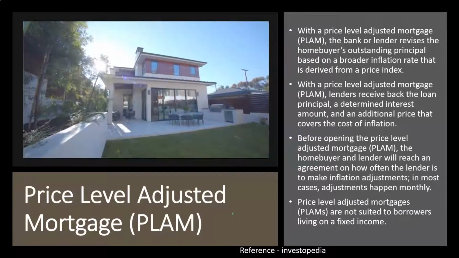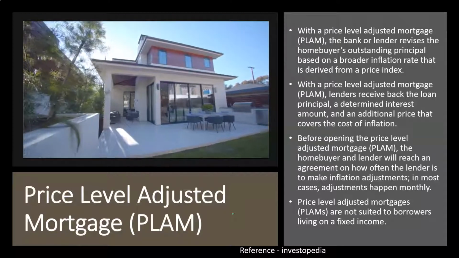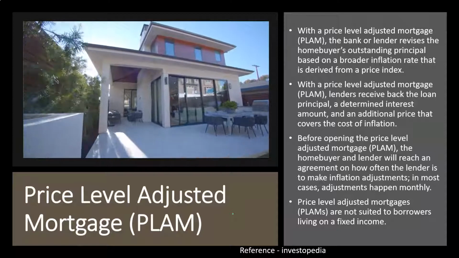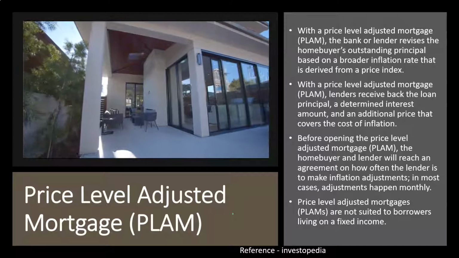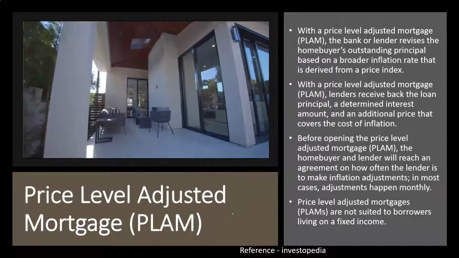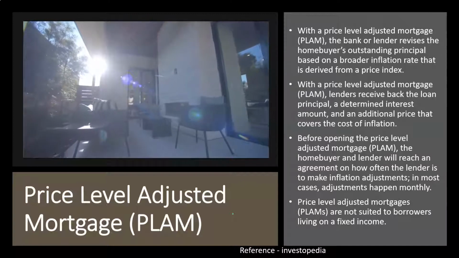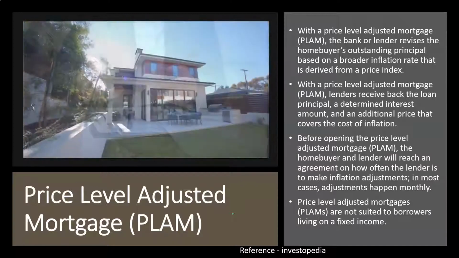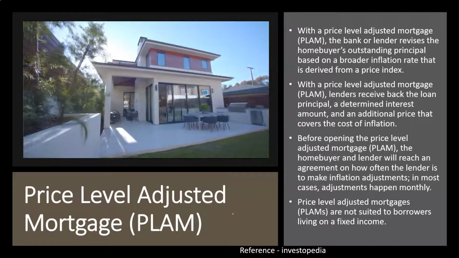So in order to remove that problem for the lender, the fact of inflation, they're going to try to work that into the balance, not by adjusting the rate of the loan, but instead by actually looking at the loan periodically, monthly or yearly or something like that, and then adjusting the balance of the loan for inflation based on some kind of price index that they're going to be using to calculate.